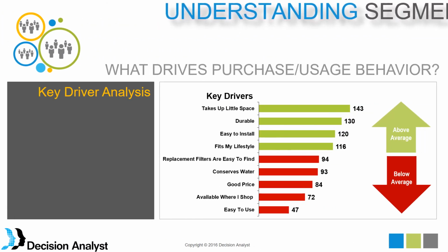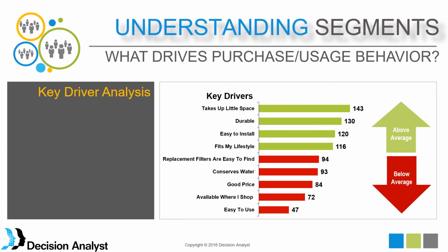So the next big question to answer about your segment is, what is driving their purchase or usage behavior? One of the ways that you can figure this out is with key driver analysis. This analysis identifies those attributes that are highly related to product purchase or product usage, and those that are less related.